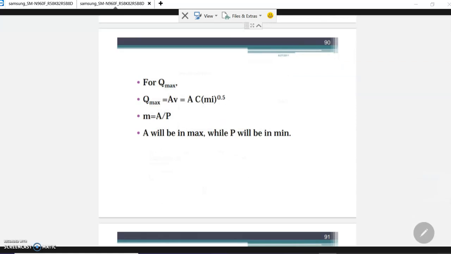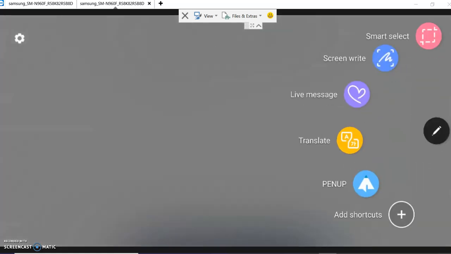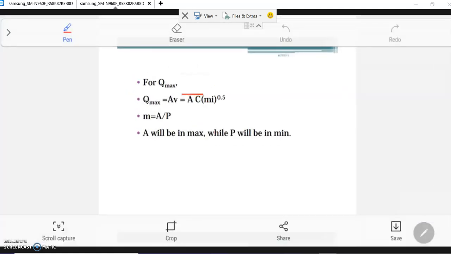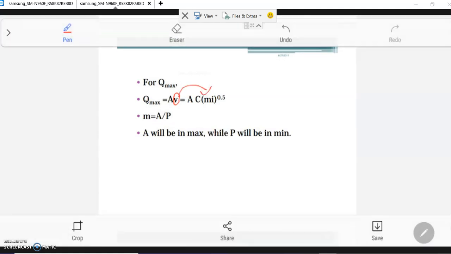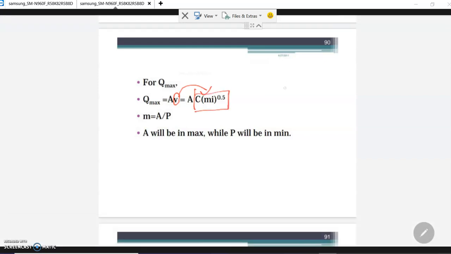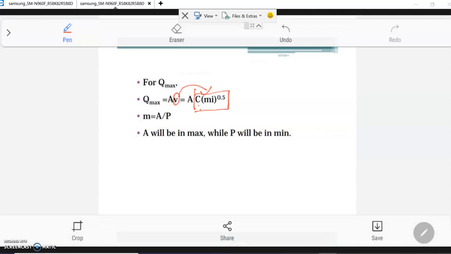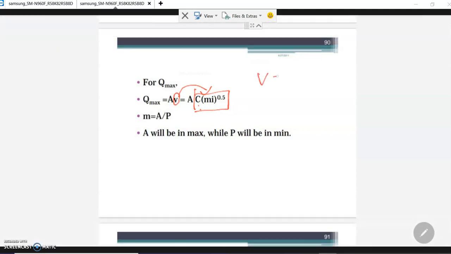Q equals AV. The velocity here we determine by using the Chezy equation, with coefficient C. So V equals C square root of MI.